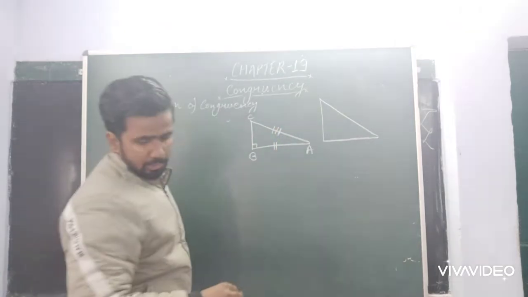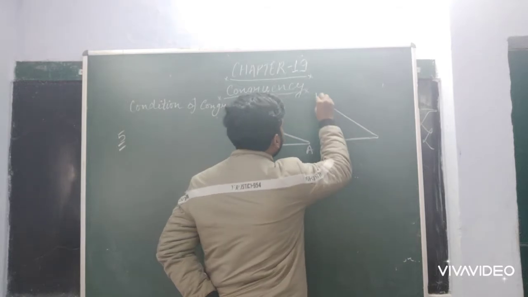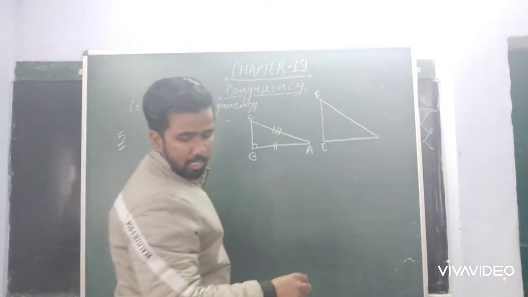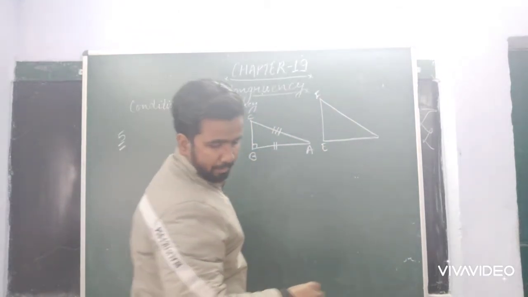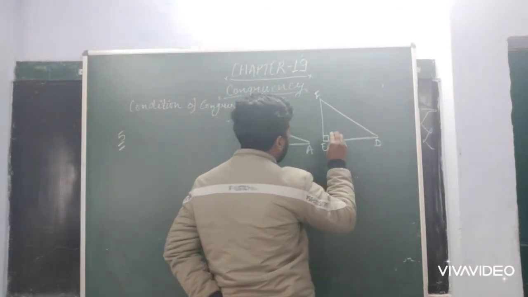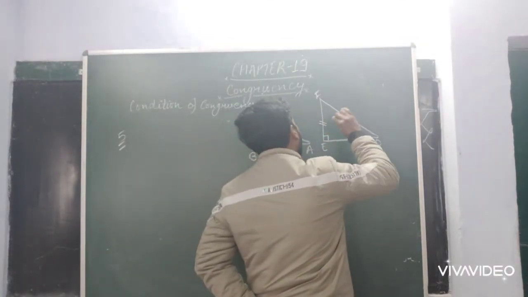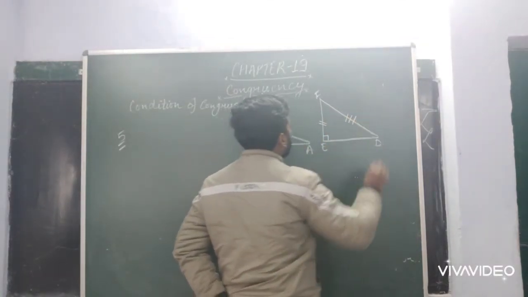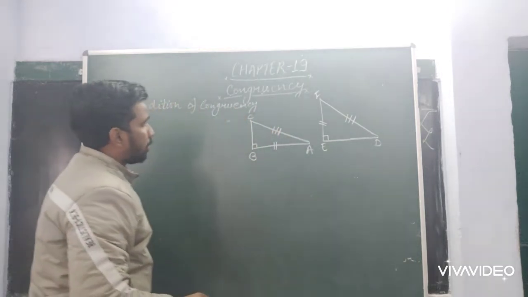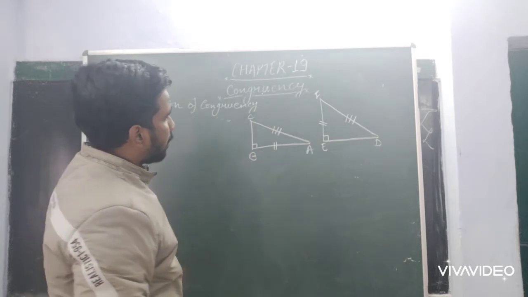Here this is E and F and D. And at E, 90 degrees is forming. So you can see that this is a right angle triangle.